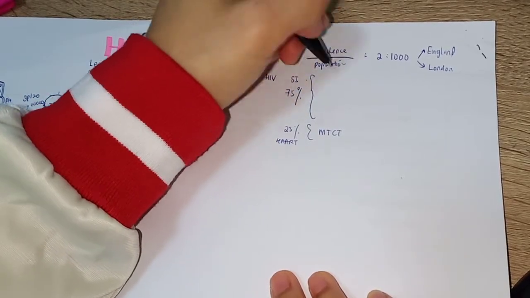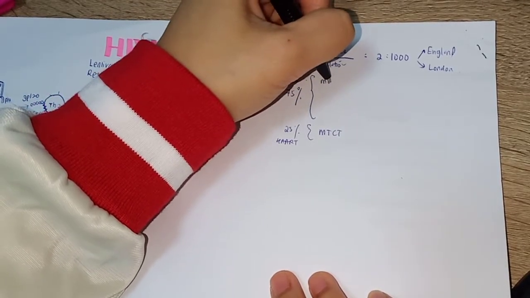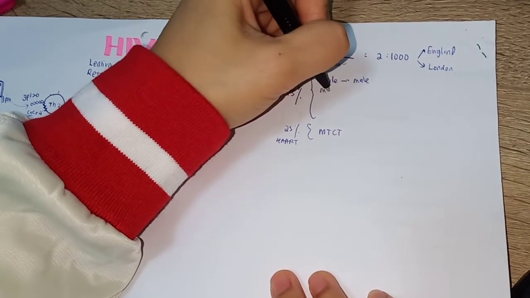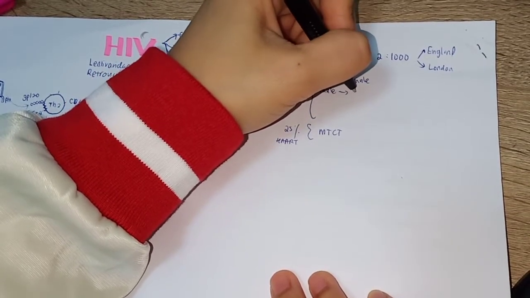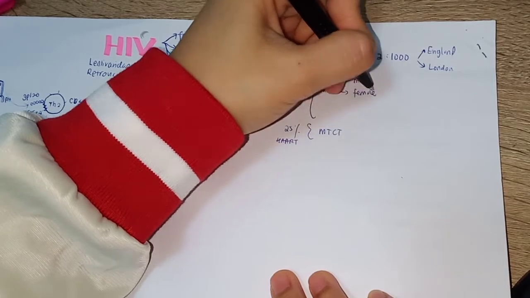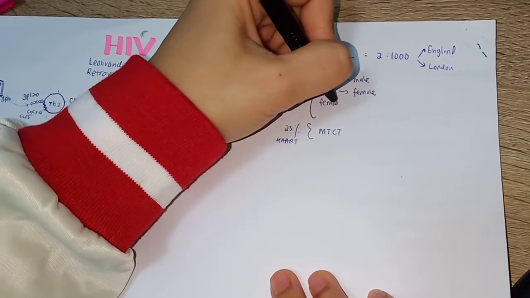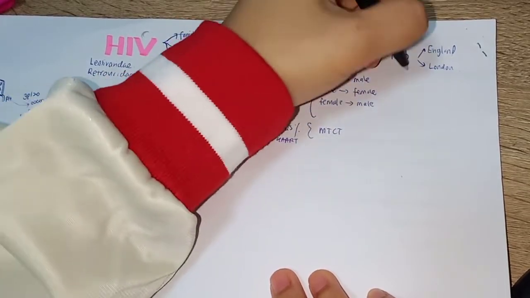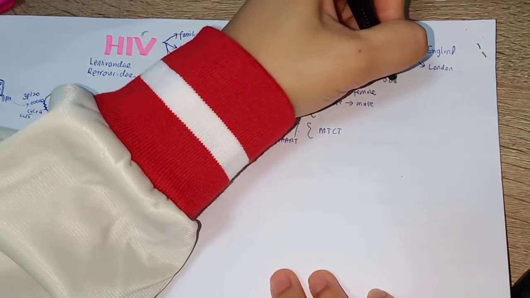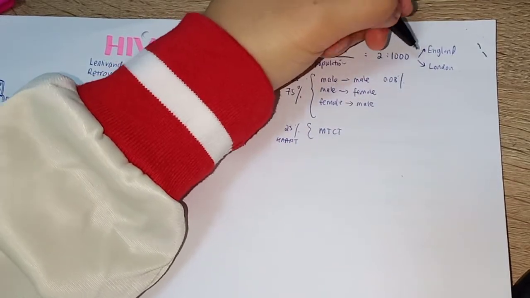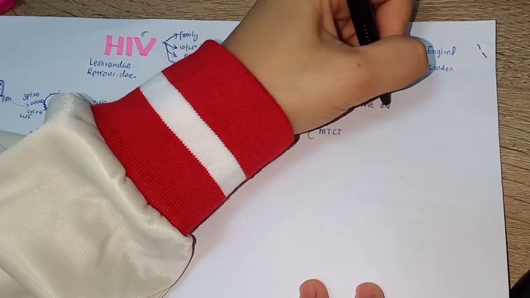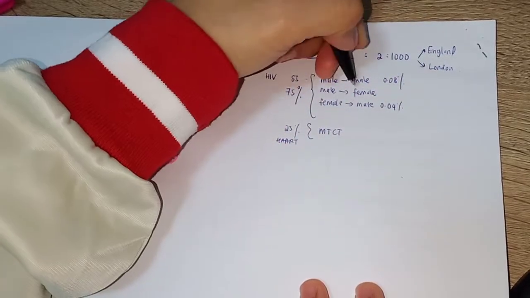Sexual transmission differs between male to male and male to female, and from female to male it is lesser: 0.08% risk per intercourse from male to male, while 0.04% from female to male.